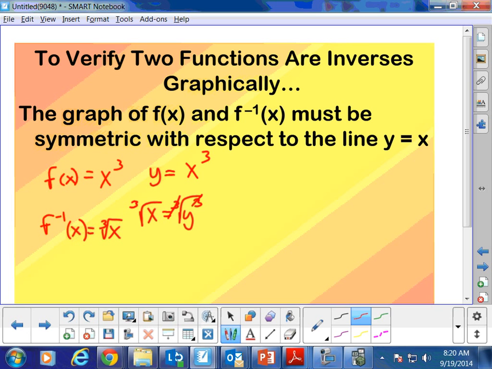So let me graph both of those, and you'll see this is symmetric on the line y equals x, because remember that line y equals x is going to graph all three, and we'll show the symmetry on it.